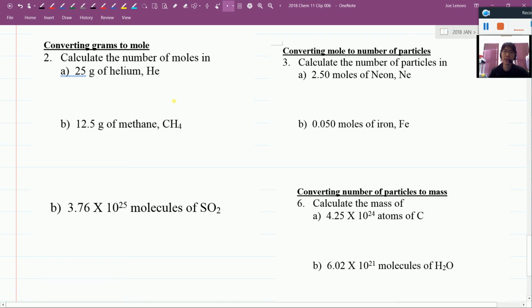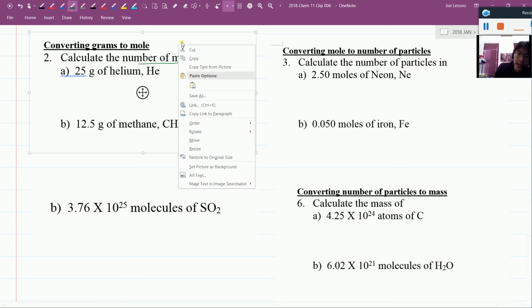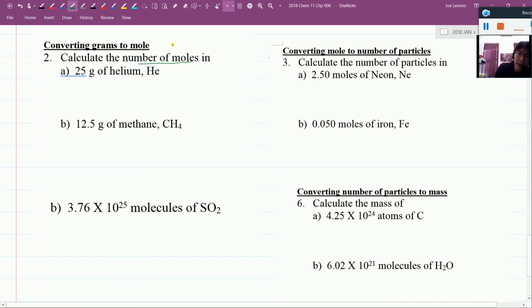If you would like to convert mole, try to use what color do we want, maybe green. So you've got that idea. Number of mole, which is the little n there. The little n is number of mole. And you have a given mass, which is a small m there. I would like to calculate the number of mole in 25 grams of helium.